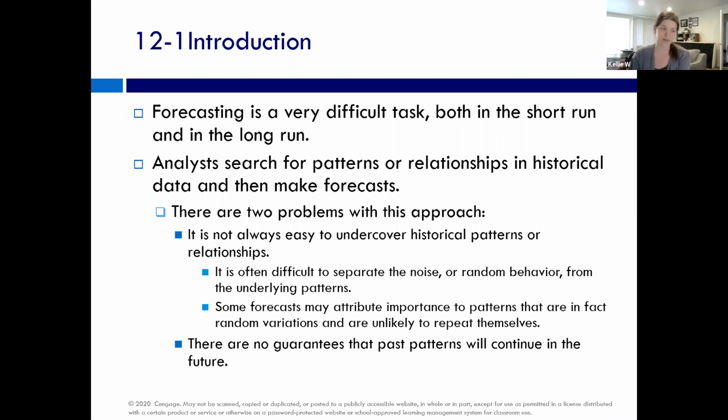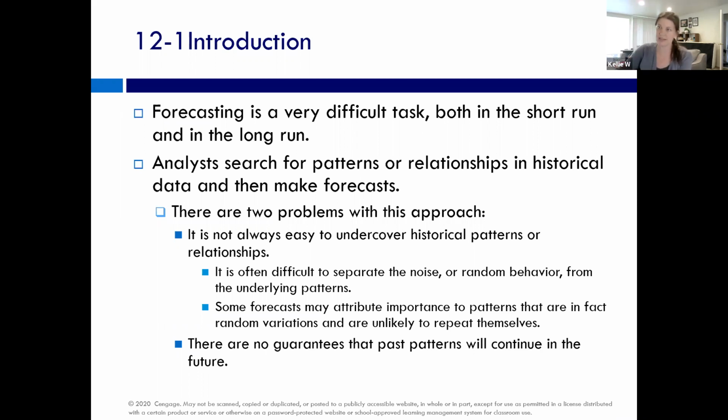So we're looking for patterns or relationships in historical data, and then we're extrapolating from that a pattern to predict a future value. The reason this is difficult is because time series data is often very noisy. If you're looking at annual data, it might be pretty smooth. You might see this nice, clean linear trend. But if you move into months, your data might start looking up and down a little bit, but you still see that big trend.